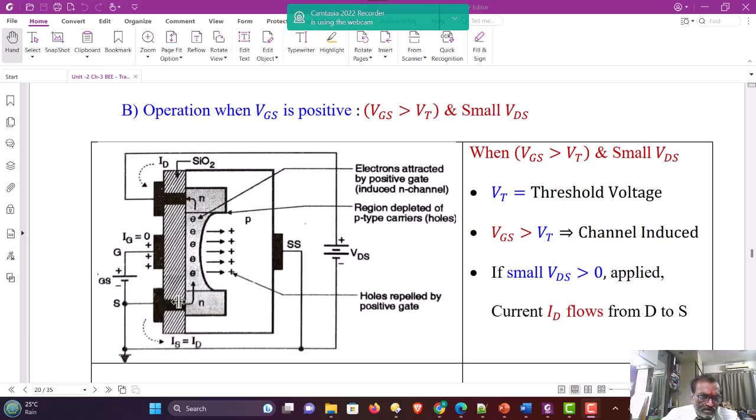The source N-type material is full of electrons. The electrons present in this N-type material, which are free charge carriers, are attracted below the gate area, and therefore they convert the P-type material here to an N-type layer called the inversion layer, which is a layer of free charge carriers. So the larger the gate to source positive voltage, the larger the width of the inversion layer formed by electrons as charge carriers.